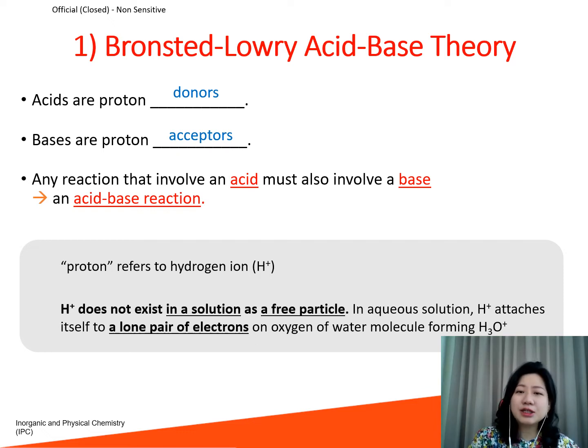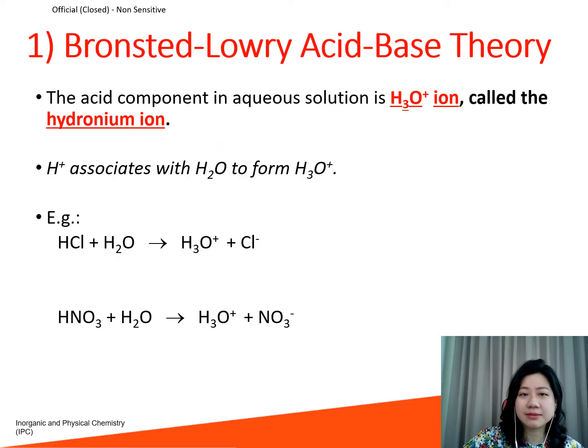But in fact, H+ does not exist in a solution as a free particle. In aqueous solution, H+ binds to a water molecule H2O to form H3O+. So the acid component in an aqueous solution is really the H3O+ ion called the hydronium ion.